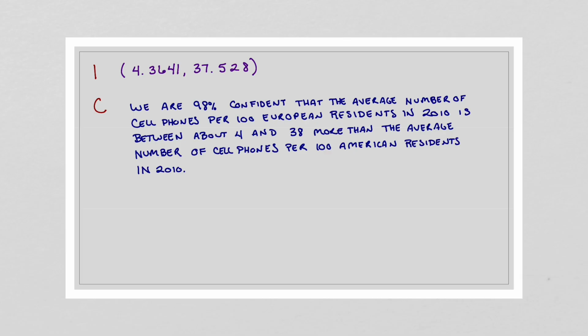Again, in this situation, I chose to round to the nearest whole number because no one has a fraction of a cell phone on them. They either have one or they don't. So I used my rounding rules to get between 4 and 38. And this is also why I included the word about in my description, to remind myself that I did do some rounding here.